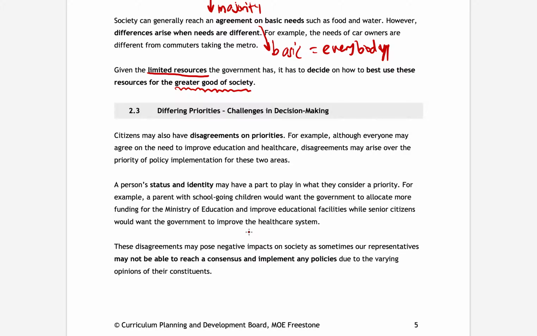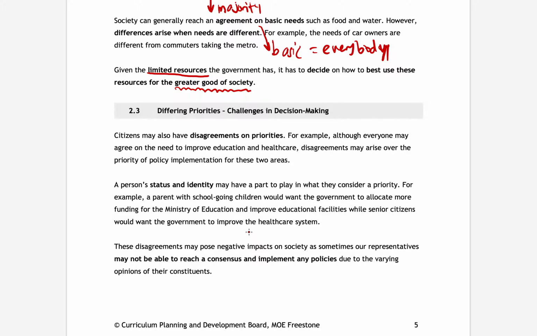And this is one of the downfalls of democracy, or a republic as we know it, because sometimes in these matters it does take quite a long time to decide on what is supposedly best for the most amount of people. Okay, so this is the second challenge: differing priorities.